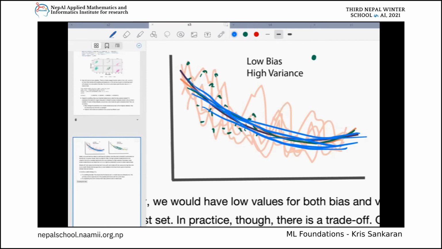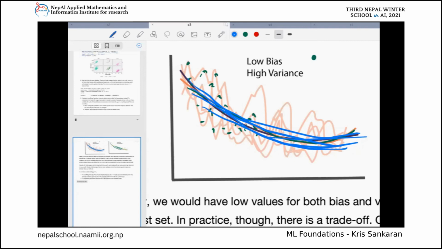Why does it have low bias? Low bias means that if I averaged across 100 runs all those orange lines, and I try to figure out where the average of those orange lines is, is it close to the truth or not? I'm not giving a real proof of why it's low bias, but the hand wavy argument is that you tend to overestimate and underestimate.